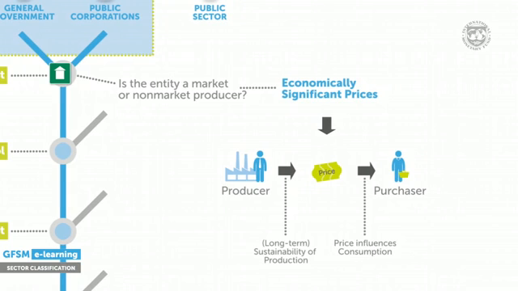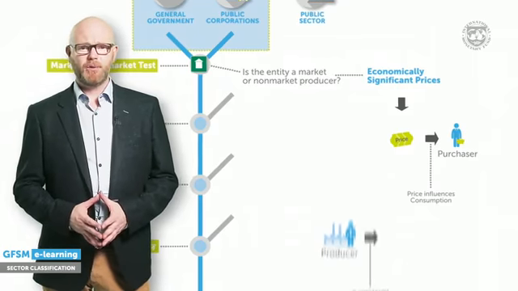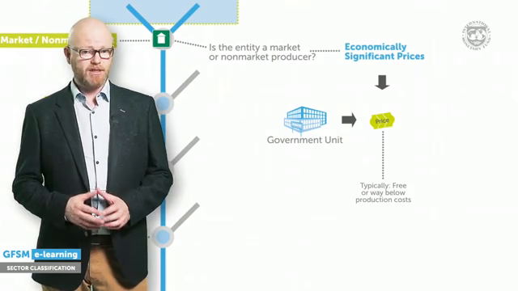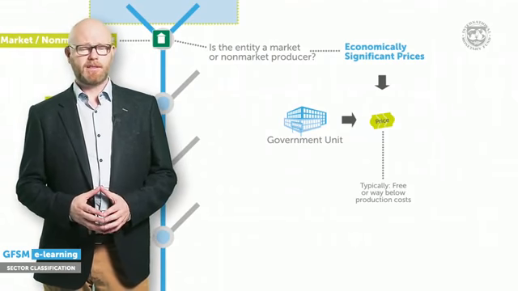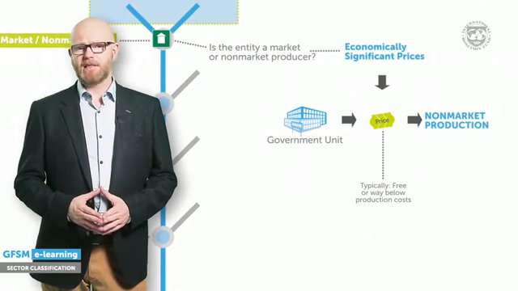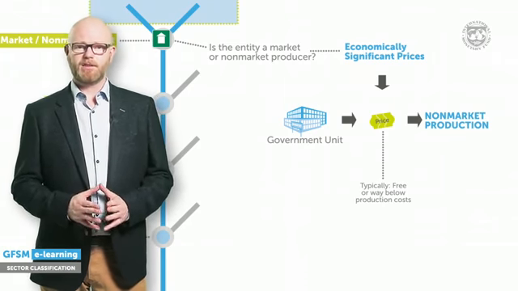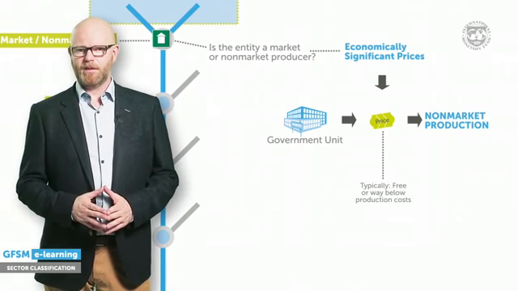In common economic terms, the producer operates in a market whereby prices affect supply and demand. Government units most often offer their goods and services for free or at prices substantially below the cost of delivering them, funded by taxes. This is a clear case of non-market production because pricing does not affect the level of goods and services government will supply.